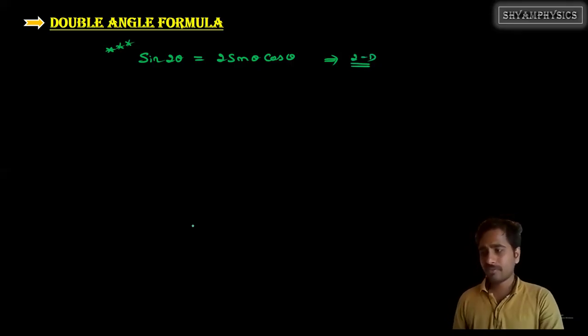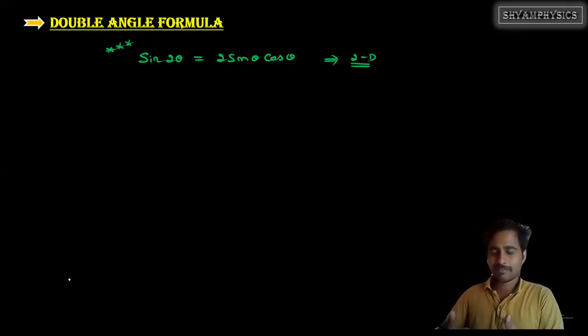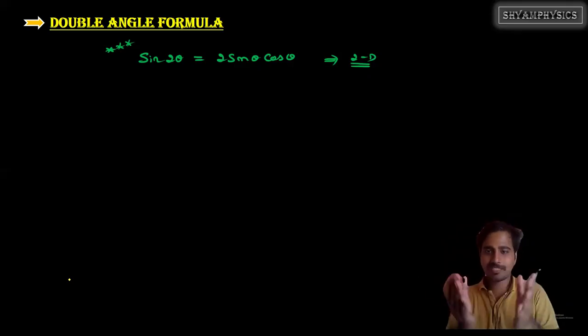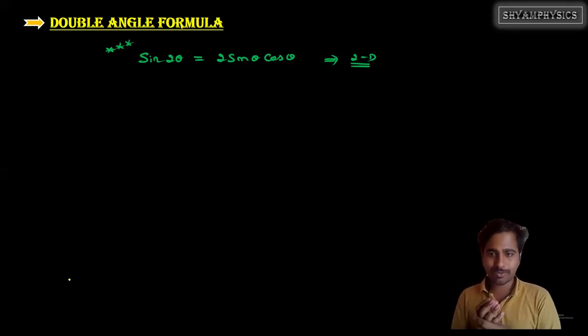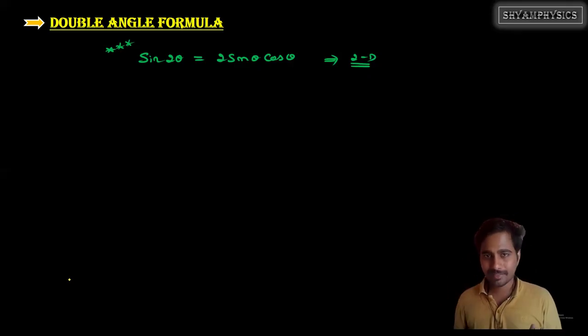We'll use that value over there. They will ask directly, sine 2 theta means 2 sine theta cos theta. Learn these two by heart, write them on one side. Before sleeping, just read the formulas and go through the notes you have written. Then you'll be able to remember all the things. Sine 2 theta means 2 sine theta cos theta.